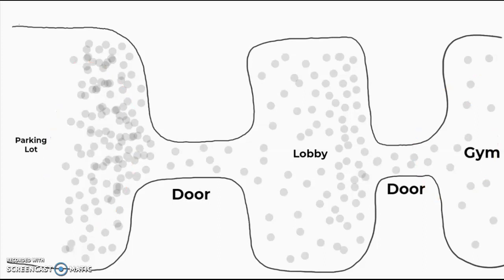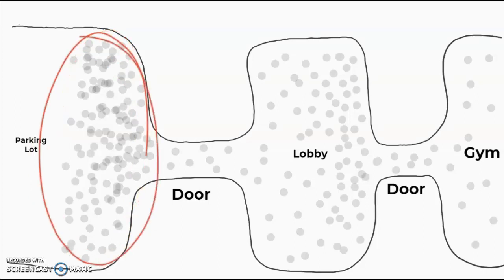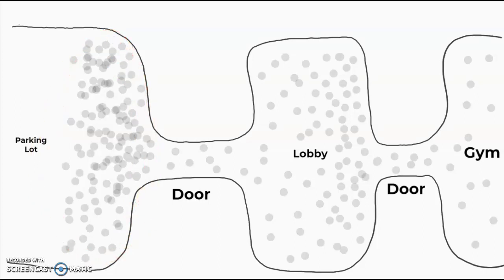And so it's going to make them all go slower, even slower here. We're going to have more people backed up here. We're going to have them going slower here, and the total flow rate is going to drop again. So we're going to be able to get fewer people into the gym in 1 second, even fewer than before.